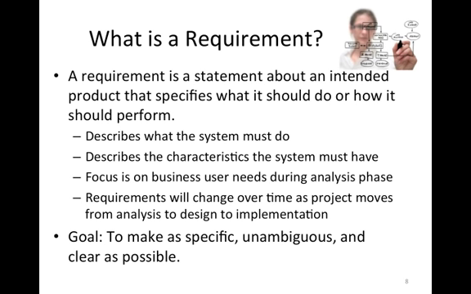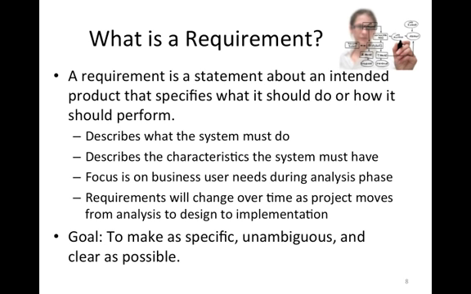So what we want to do is get to a specific statement about an intended function that describes what the system is going to do, the characteristics that the system must have. It must behave in this way, based on the needs of the users while they are using this system.